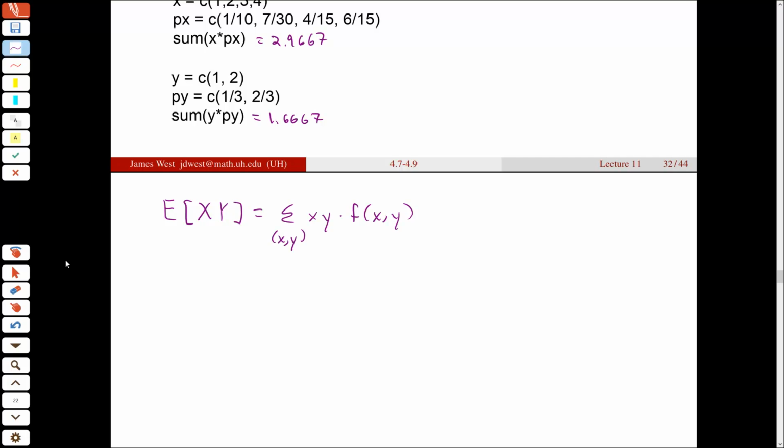Now we could do all this by hand. We can also do it in RStudio, but it's a bit more complicated.